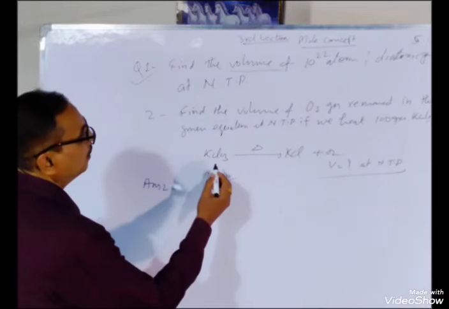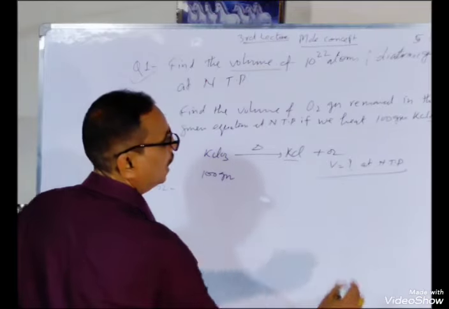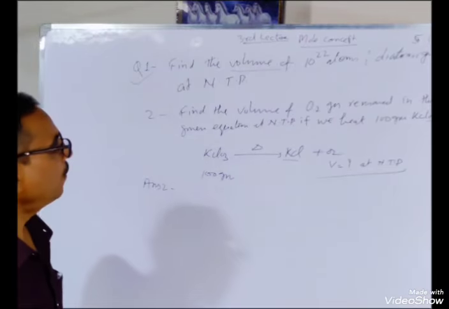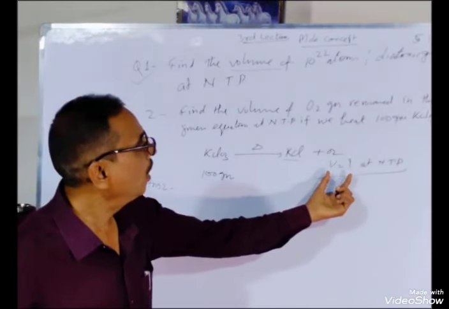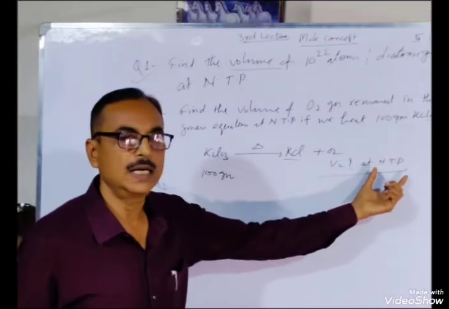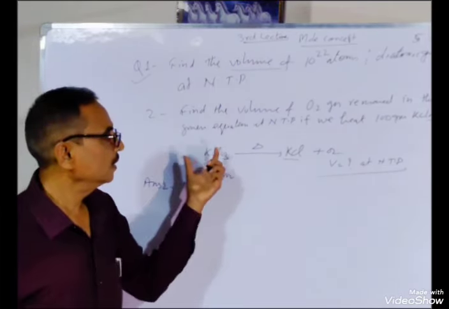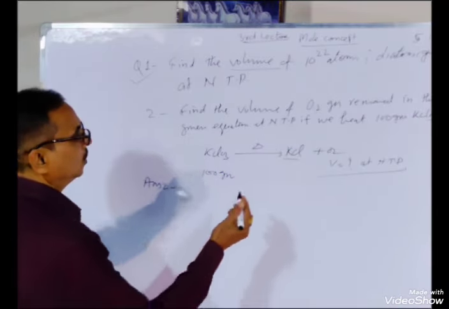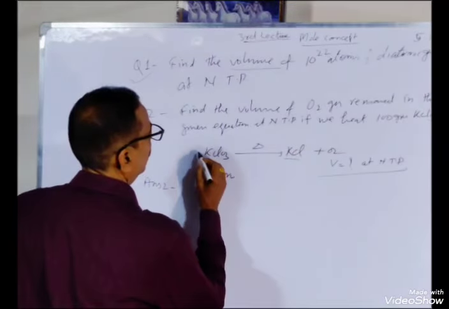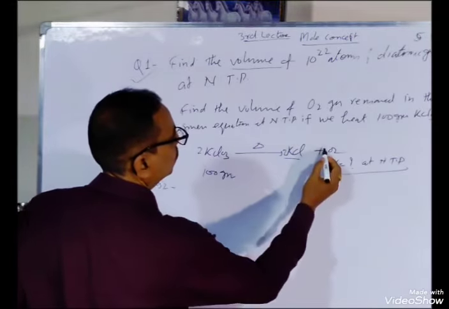The equation is given: KClO3, when heated, is converted to KCl and O2. So you have to find out the volume of O2 generated at NTP. So first we balance the equation. So this is 2 KClO3 gives 2 KCl and 3 O2.